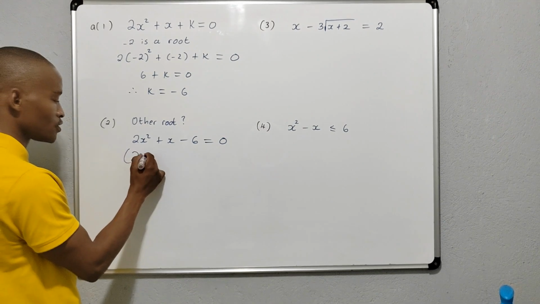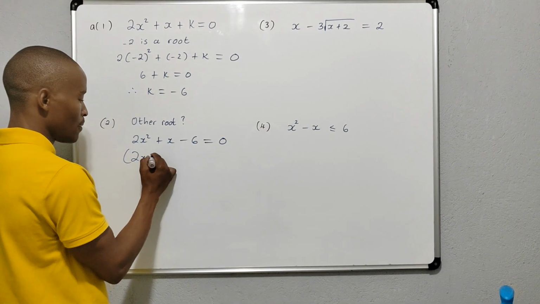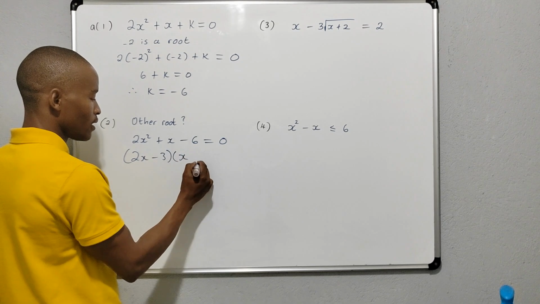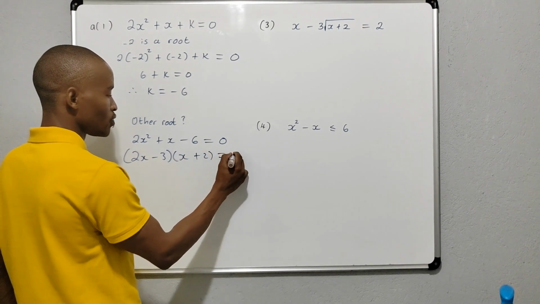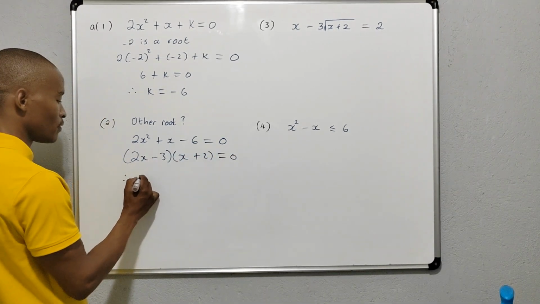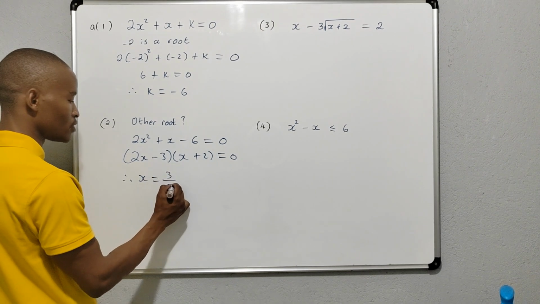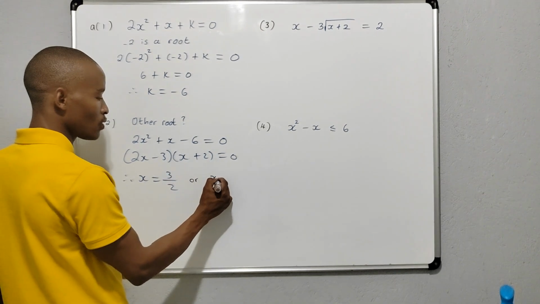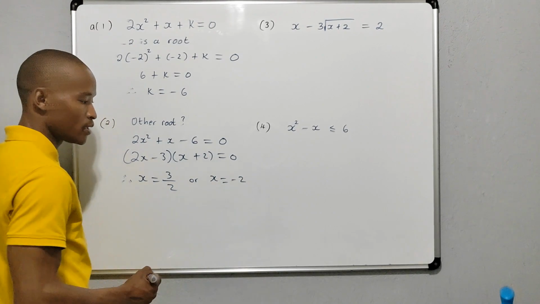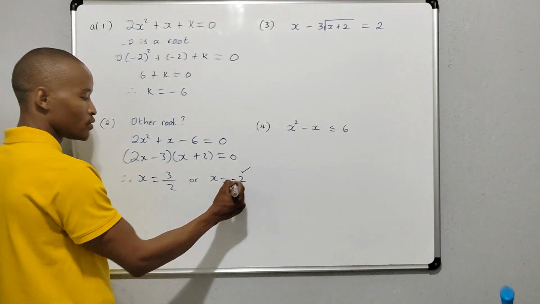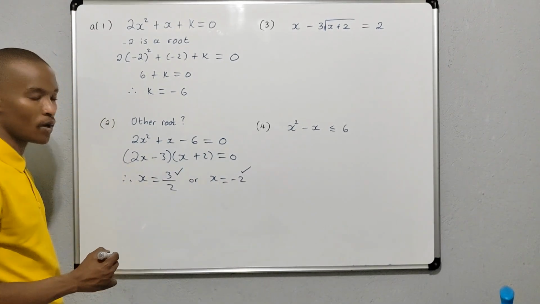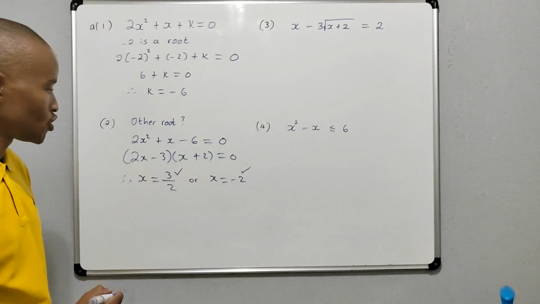Okay, so it's 2x minus 3 and x plus 2 equal to 0. So therefore x is equal to 3 over 2, or x is equal to -2. We already got that root, so the other root is 3 over 2.